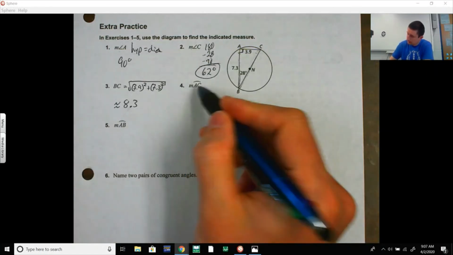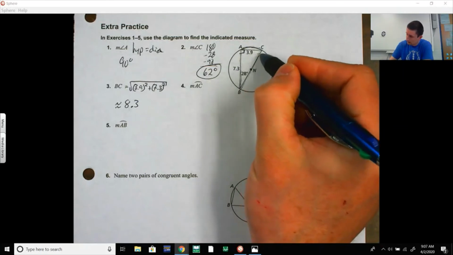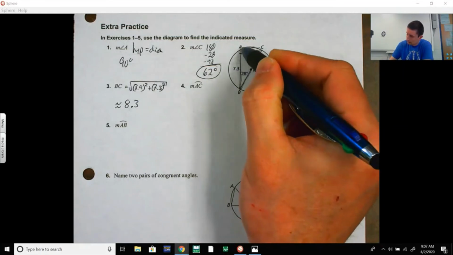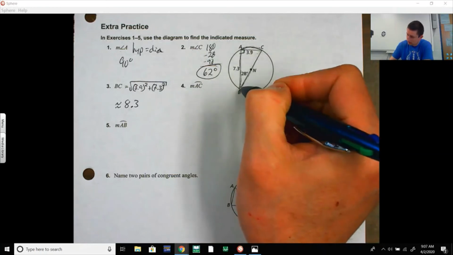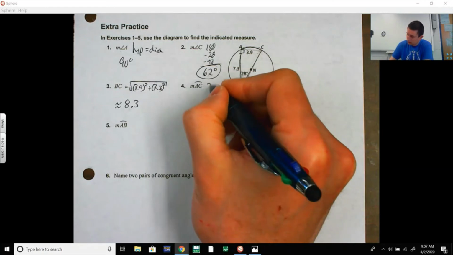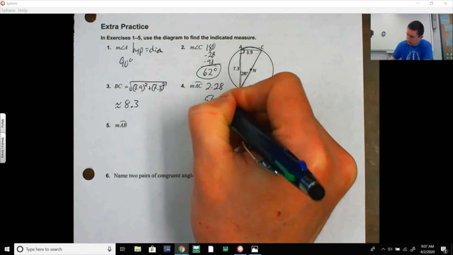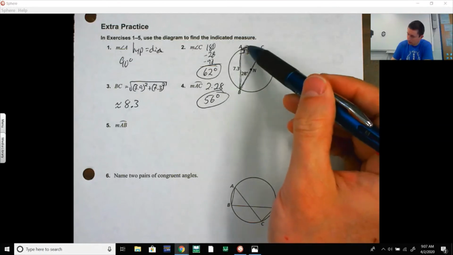Measure of arc AC. Okay, well there's AC. Here's the inscribed angle. AC, the intercepted arc, it subtends angle B down here. So if angle B is 28, this has to be twice that, so 2 times 28, we get 56 degrees. Okay. Measure of arc AB.